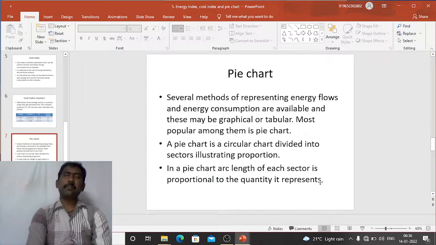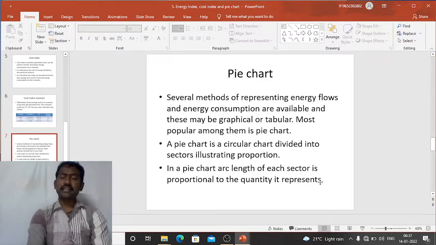And next, pie chart. Pie chart is another way of representing our energy consumption. Several methods of representing energy flows and energy consumptions are available, and most of these cases may be graphical or tabular. Most popular among them is a pie chart. A pie chart is a circular chart divided into sectors illustrating proportions.